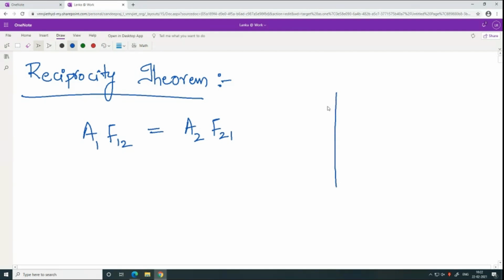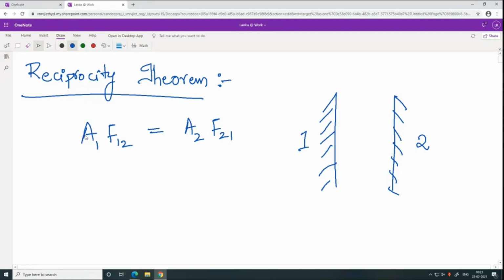If I take a body 1 here, and a body 2 here, there will be heat exchange by radiation between these two bodies, and let us say the areas are different. How will they be correlated? This is how: A1 F12 is equal to A2 F21. This is what the reciprocity theorem is saying.